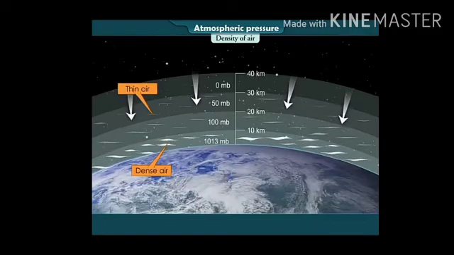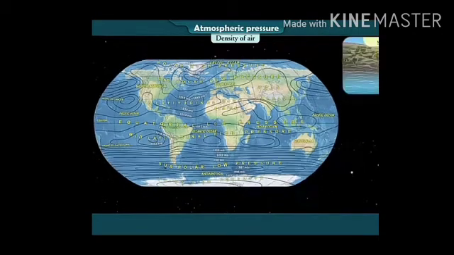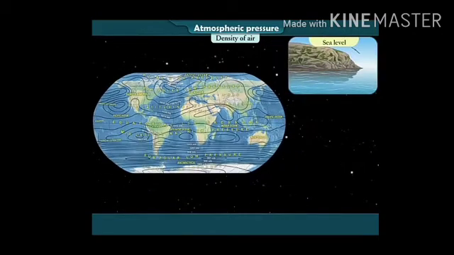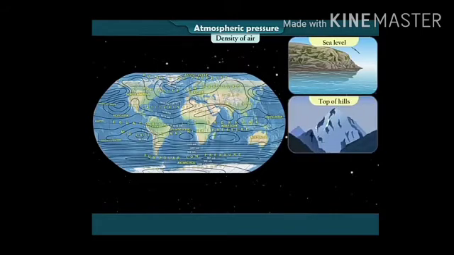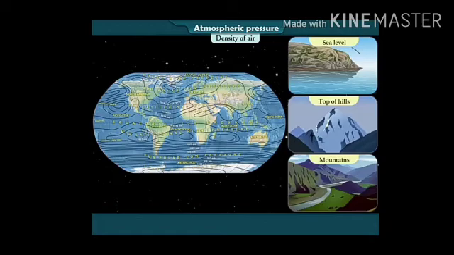The dense air is generally found near the surface of the Earth, especially at the ocean surface. That is why we find more atmospheric pressure at sea level than at the top of the hills or mountains.